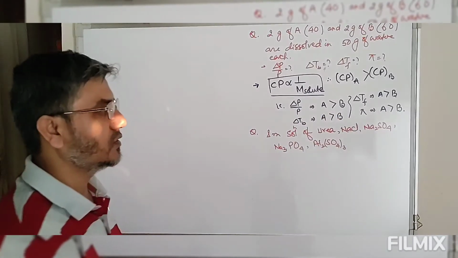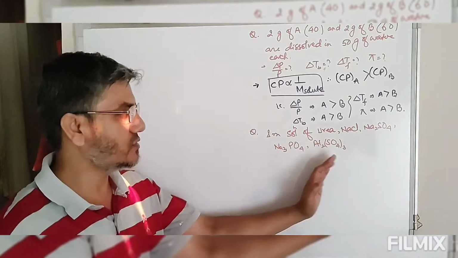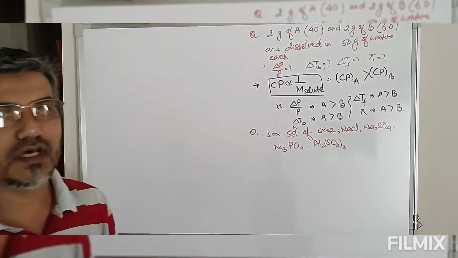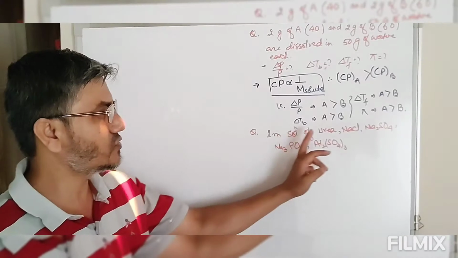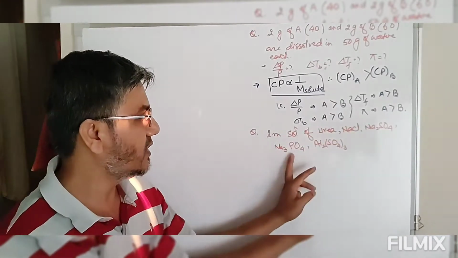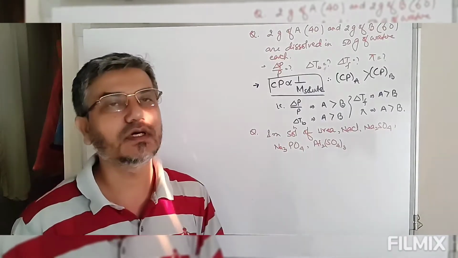So these are 5 different solutions whose concentration is 1 molar each. 1 molar solutions of urea, NaCl, sodium sulfate, sodium phosphate and aluminum sulfate.